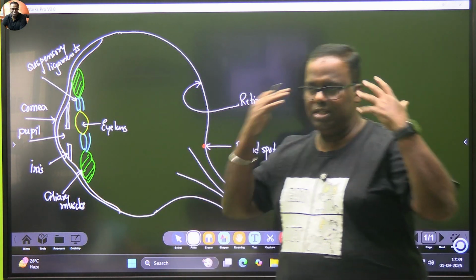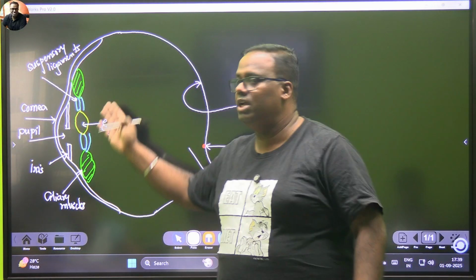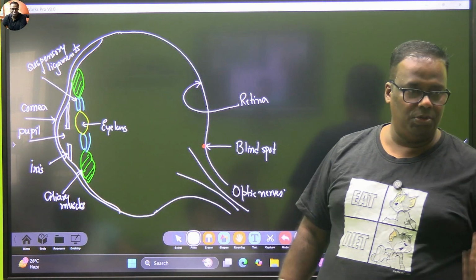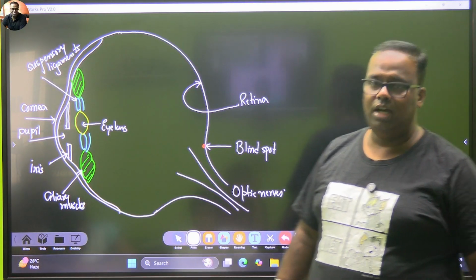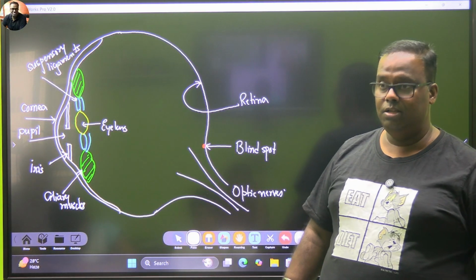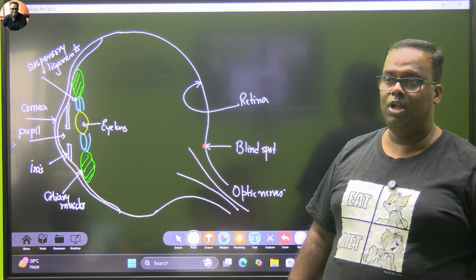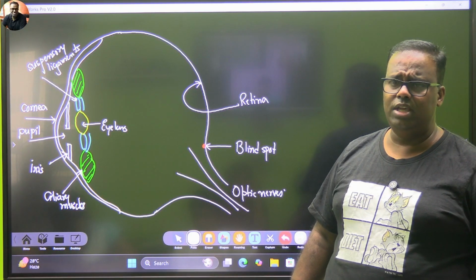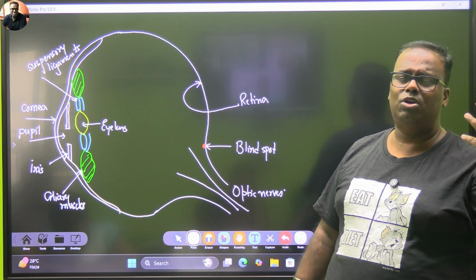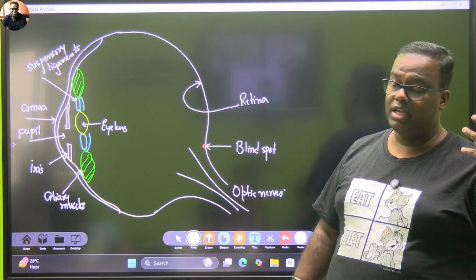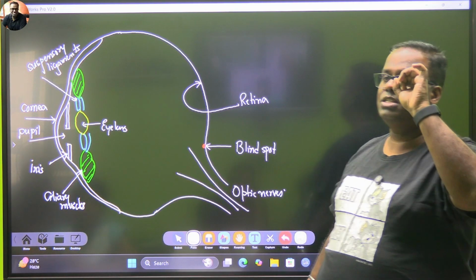So our brain immediately sends a signal to the iris: hey iris, you start opening up because I'm not able to see. That's one of the reasons when a person enters a dark theater, he initially is unable to see, because he came from an outside environment where the light was sufficient, so his iris is not that much open and his pupil size is very small.